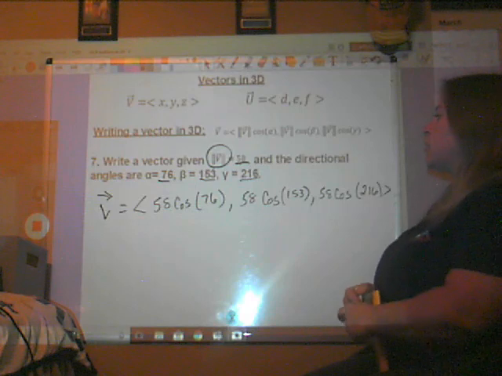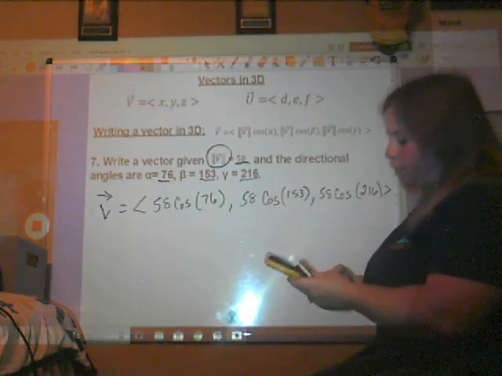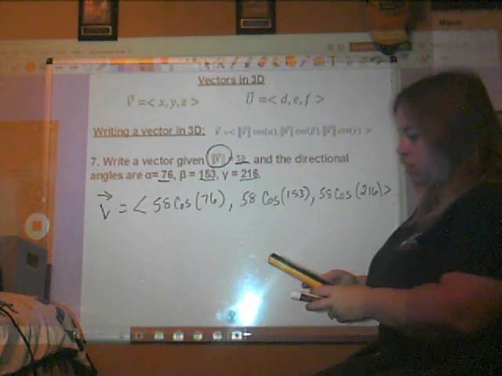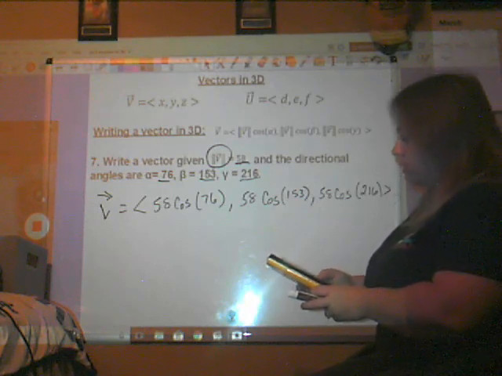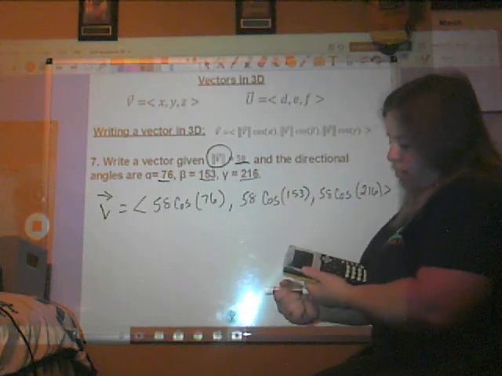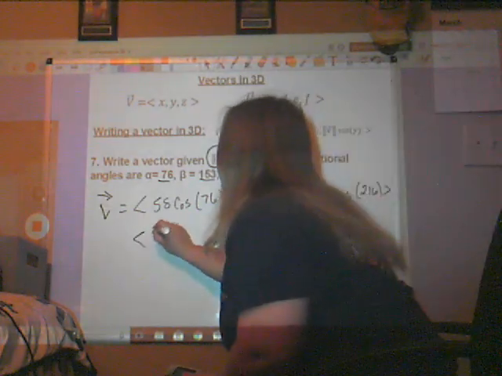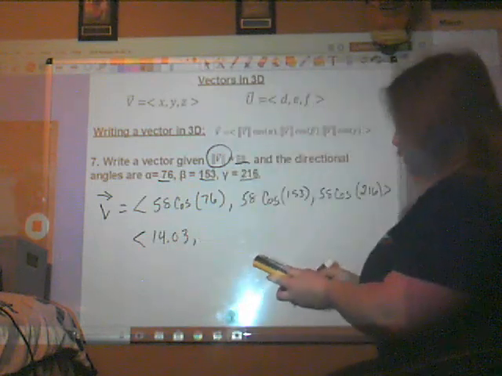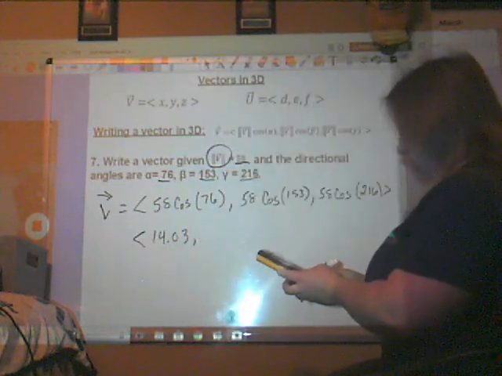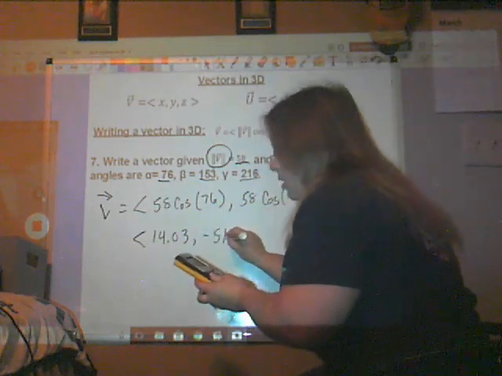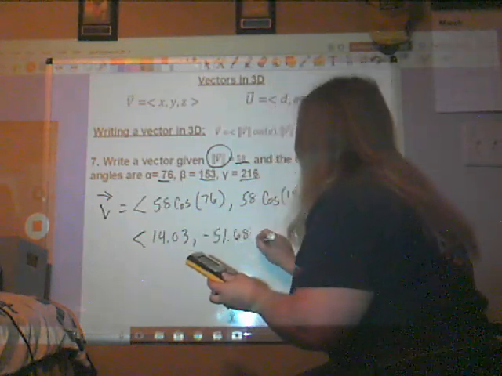Okay? So now we just type those in our calculator. Please make sure your calculators are in degrees and not radians, or this will not work. So 58 cosine of 76 is 14.03. And then 58 times the cosine of 153 is negative 51.68.